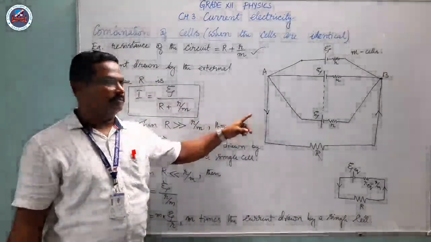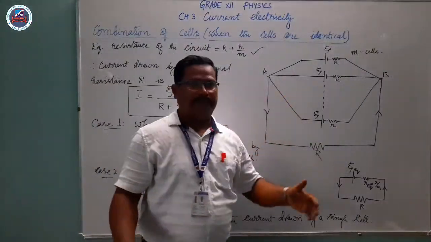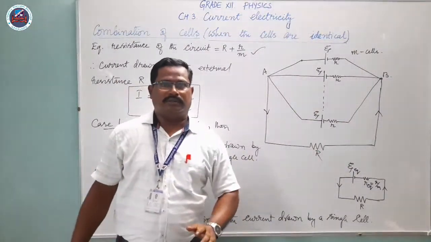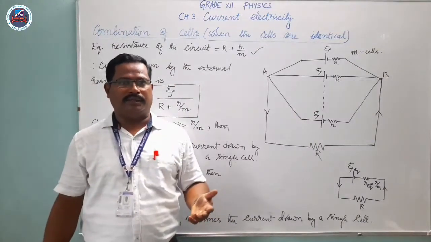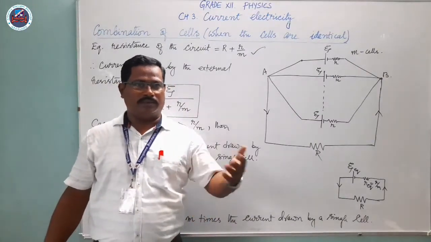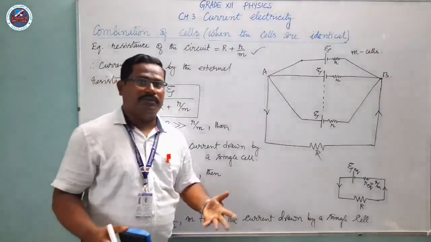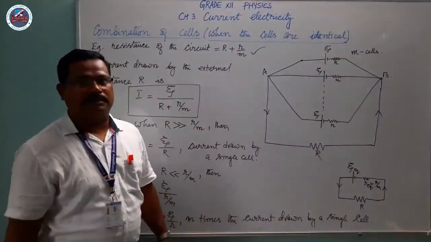That idea you can get from here. And these properties are used to make a battery. We know inverter batteries and car batteries, where more than one cell is present. We call it a battery, a combination of two or more cells. So depending upon the purpose for which you are going to use the battery, you can connect the cells.